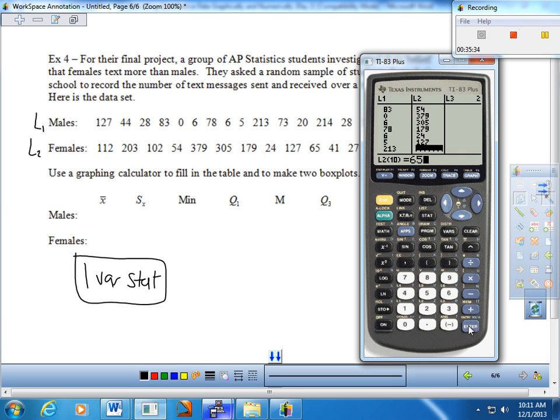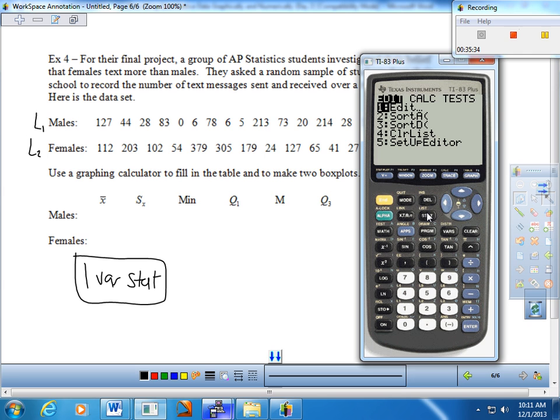Here we go. And looks like I've got one extra on that one. That looks good. All right, so one variable stat on these. Let's see what I have got.